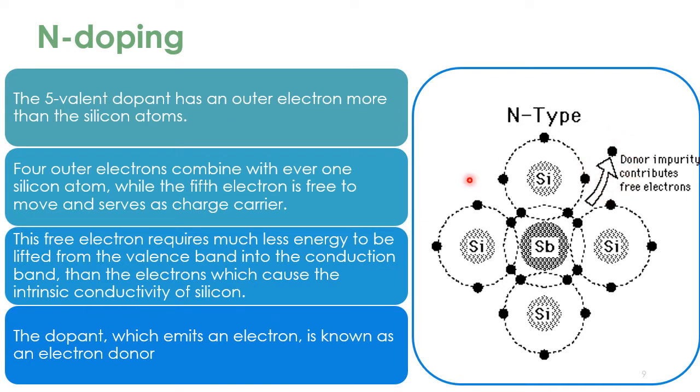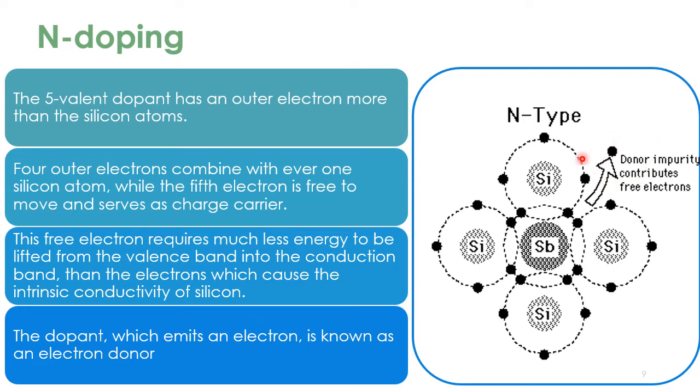So the dopant which emits an electron is known as the electron donor. Meaning it will create one free electron, donating the electron to the silicon, so that electric charges can be moved via this electron.